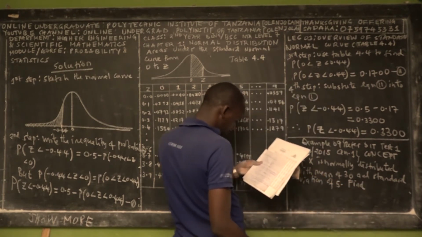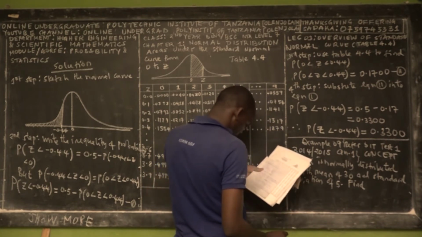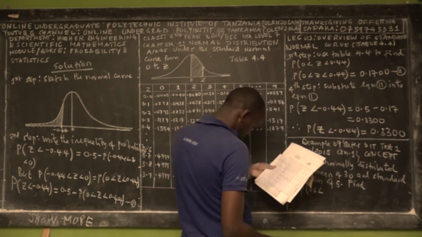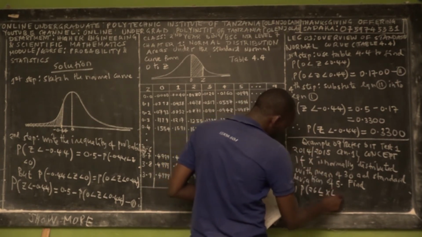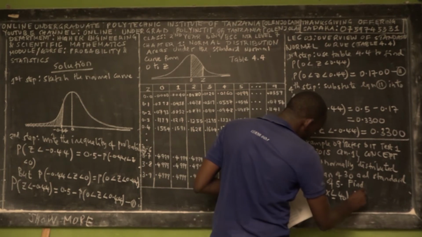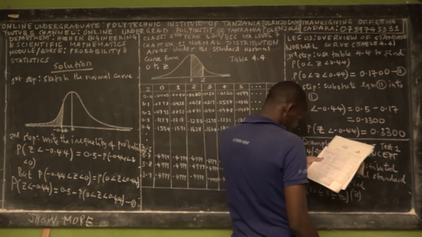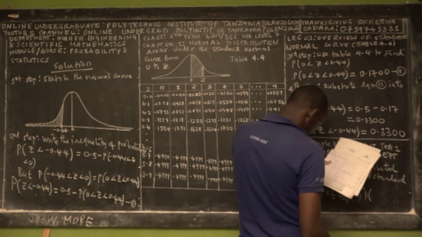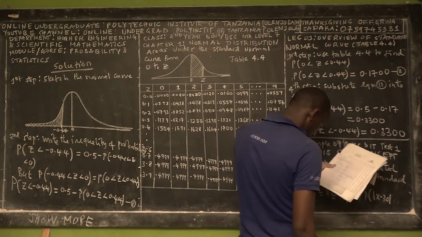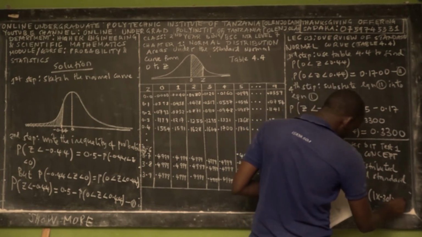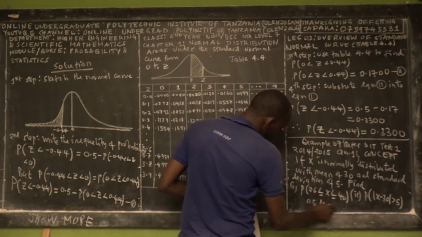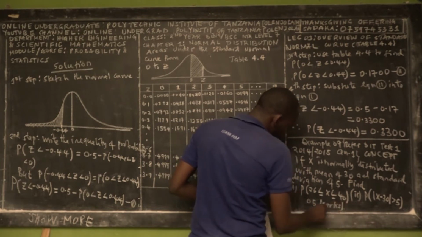Find: number 1, the probability that 26 less than or equal to x less than or equal to 40. Number 2, find the probability that absolute x minus 30 is greater than 5. This is 5 marks.